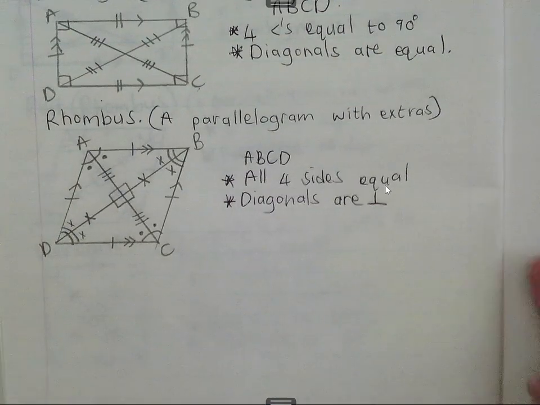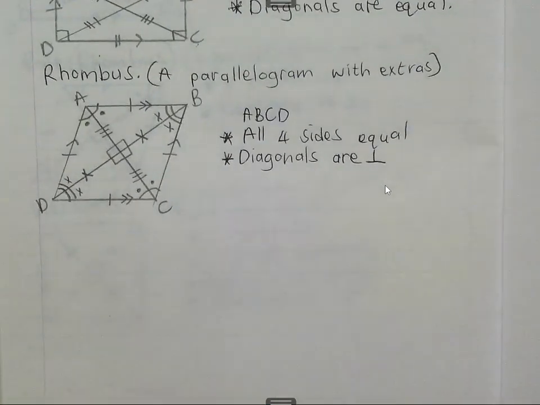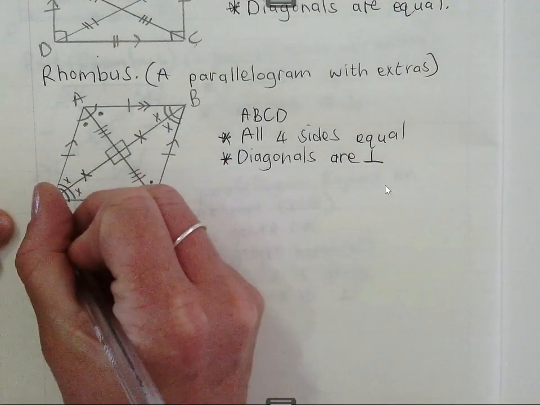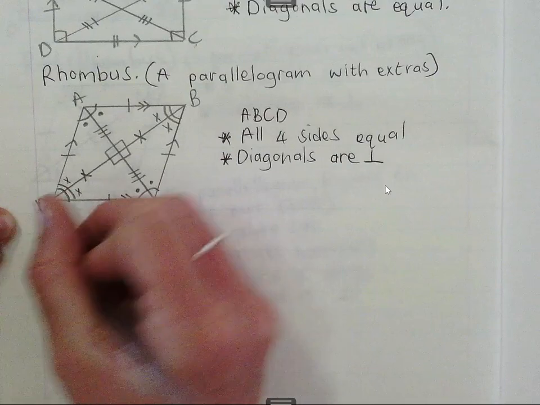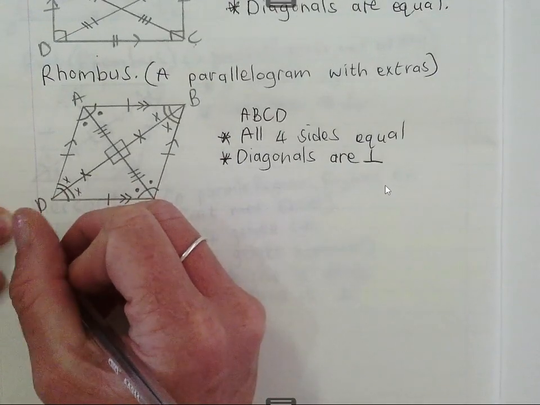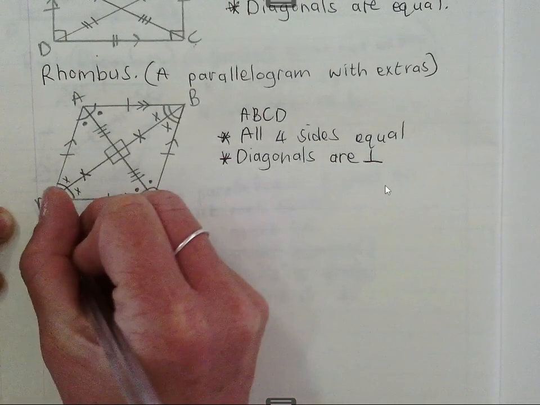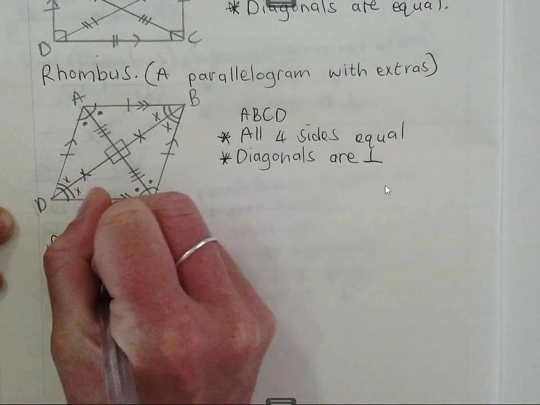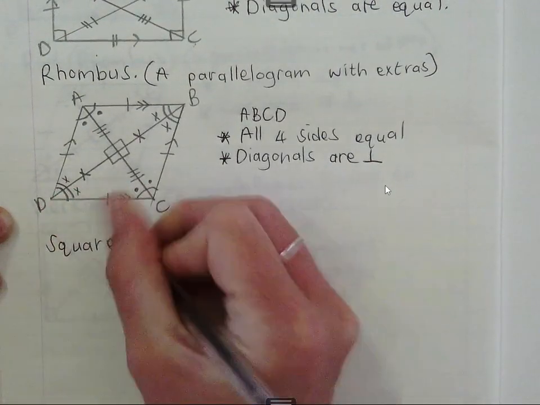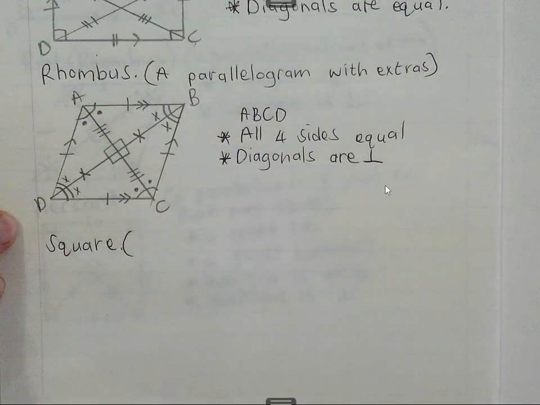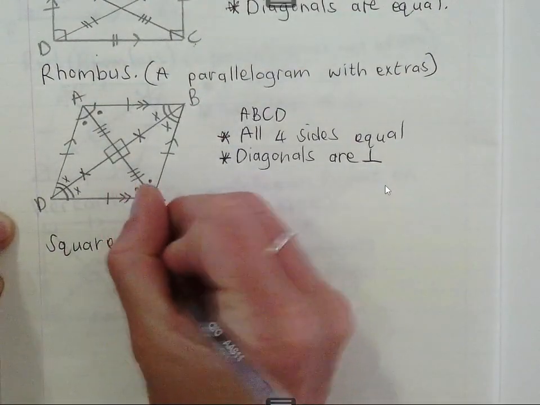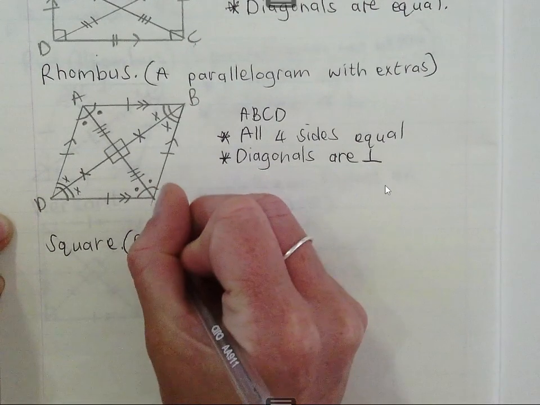Right, now we get to the big main quadrilateral. But this will be a square. Now a square is a parallelogram.